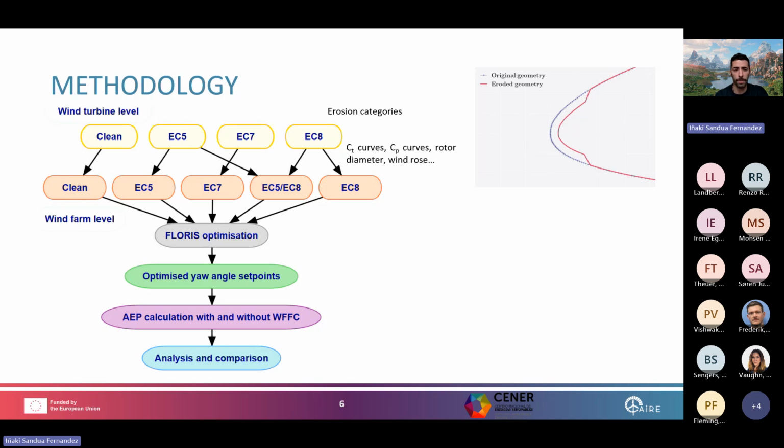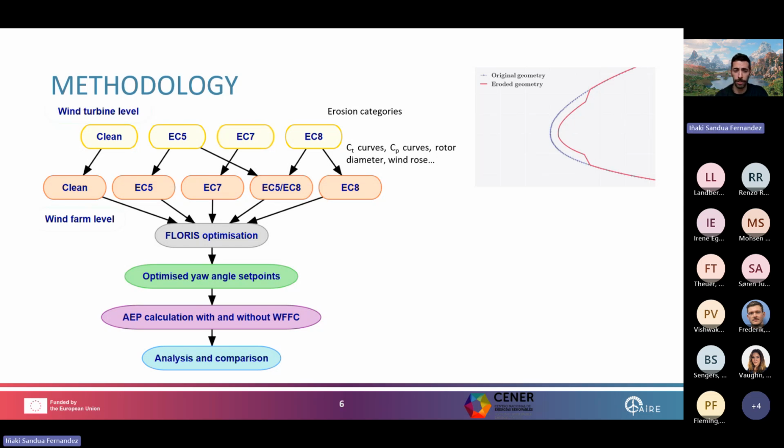And we have also a 5th model, which is a mixed wind farm of erosion categories 5 and 8. In this case, the wind turbines that are most of the time in unwaked conditions, we give them high erosion, that means erosion category 8, and the wind turbines that are most of the time in wake, we give them a low erosion category, which is number 5.